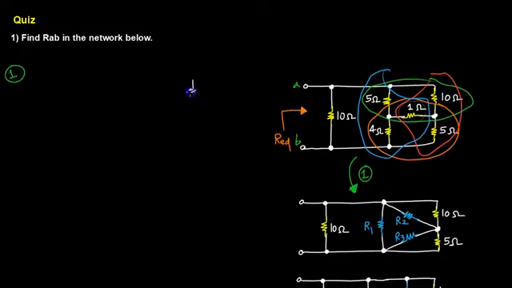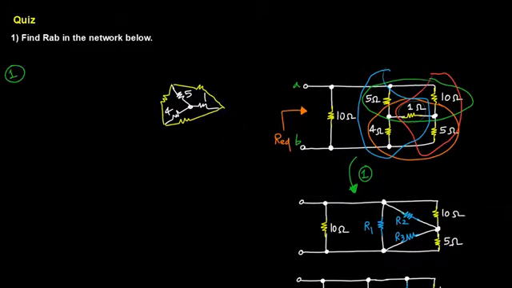So suppose we have the original Y network here. Let me twist it a little bit so that we can impose the delta network on there. So we have the 5, the 4, and the 1 here. And I'm going to use a different color for the delta network, which will look something like this.